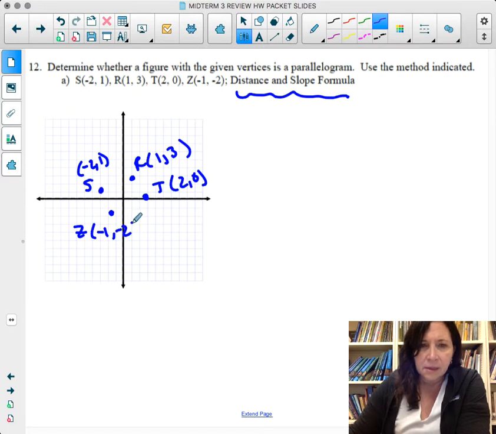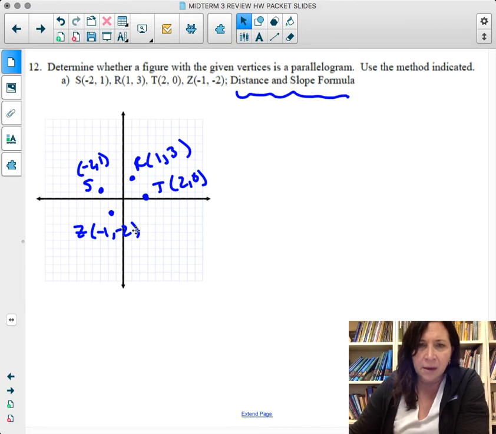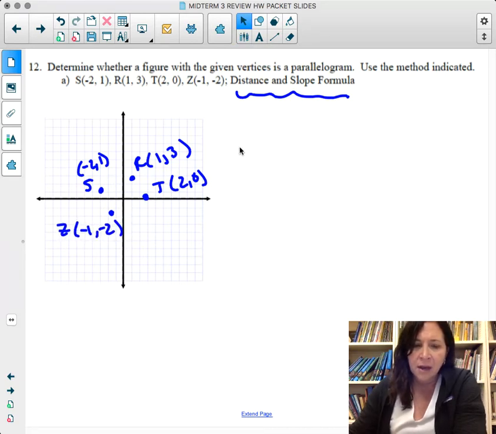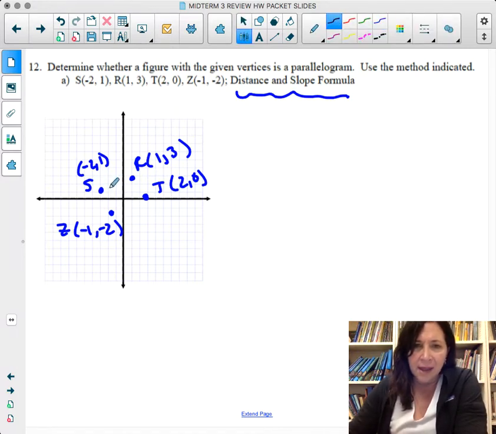Okay, so in order to prove that this is a parallelogram, something you need to know about a parallelogram is that one pair of opposite sides are congruent and parallel.